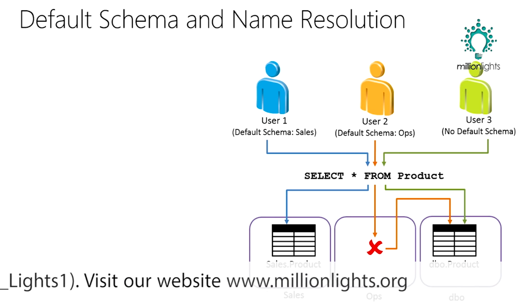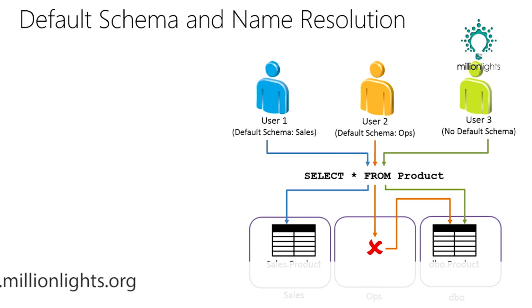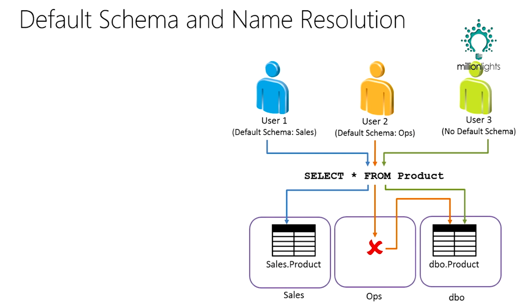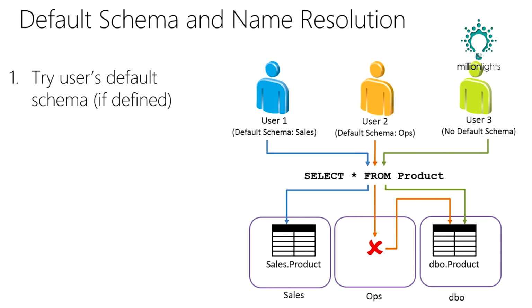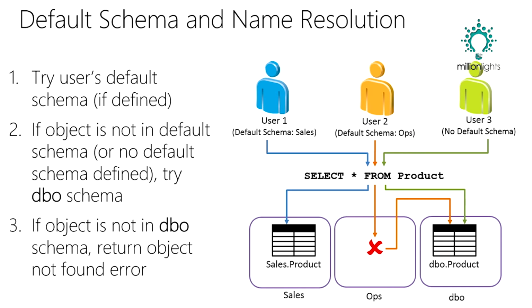If I did a select star from table, for example, and I didn't specify the schema, what SQL Server will do is first of all have a look at your default schema, if you've got a default schema defined. If that object doesn't exist within your default schema, then it will try the DBO schema. And if it doesn't exist within the DBO schema, then it will return an object not found.